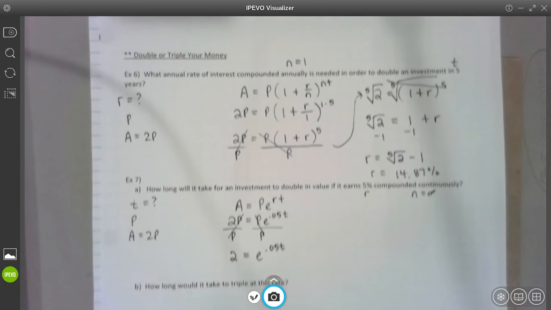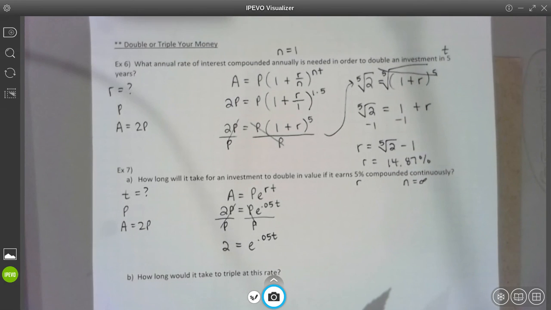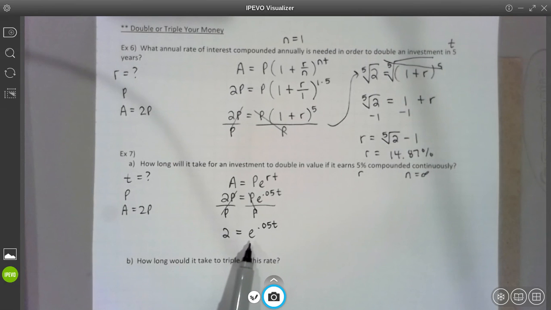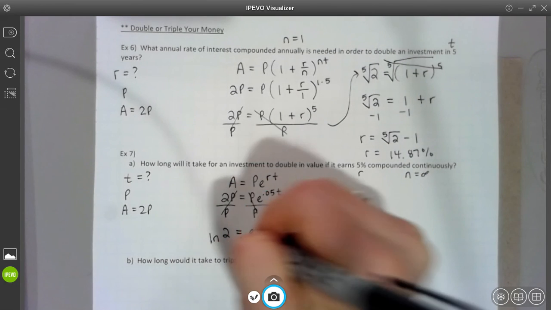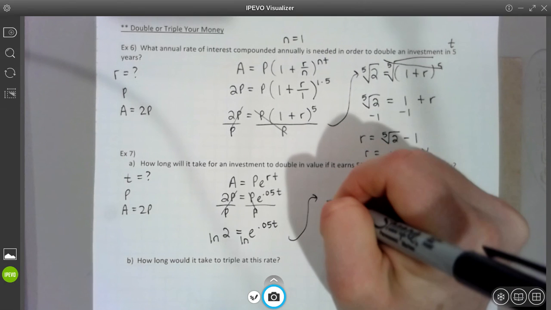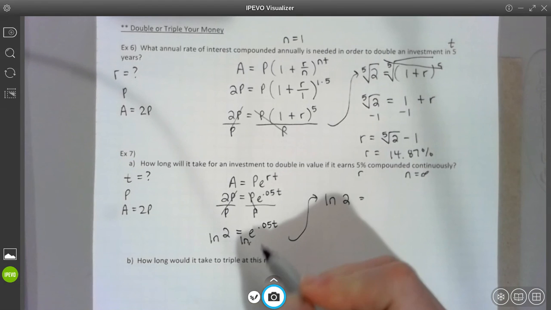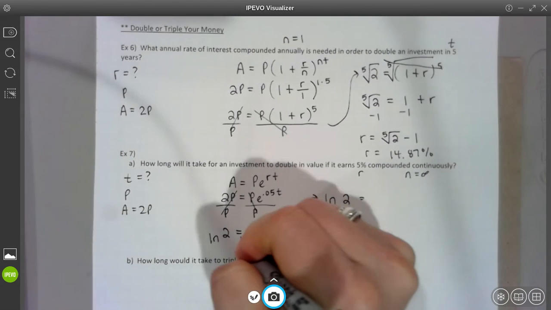Okay. So I clearly am solving for a variable that is in my exponent. So I'm going to need a log to undo this. So I could log both sides, or I could natural log both sides. But guys, think about it. That's a base e. Natural log both sides. So you're ending up with the natural log of 2 equals the natural log, which is base e, of a base e exponential, guys, they cancel.